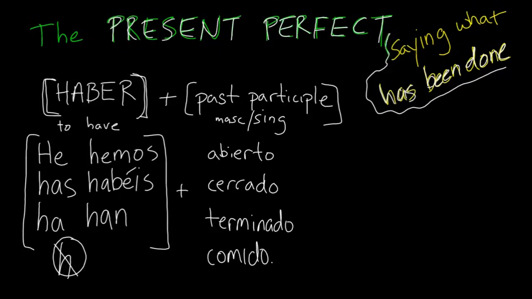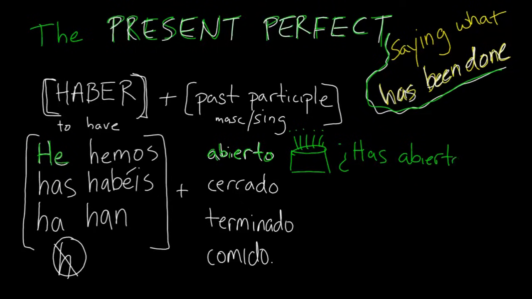This tense is to say what has been done, or what hasn't been done, depending on your perspective. So we could say, you're at your birthday party, and everybody's having a good time because they brought you a lot of gifts, but someone shows up late and they ask you, have you opened your gifts?